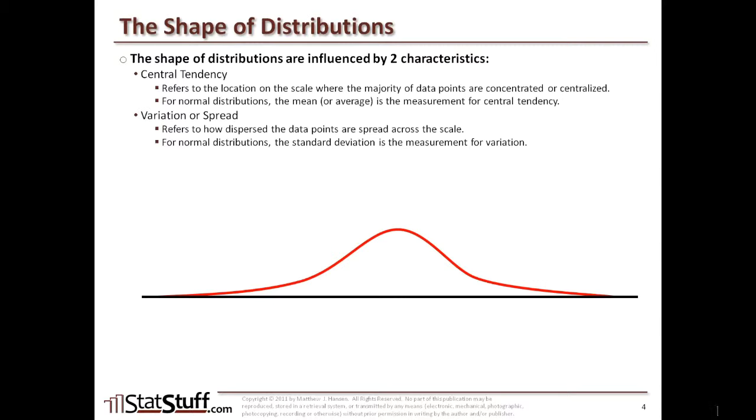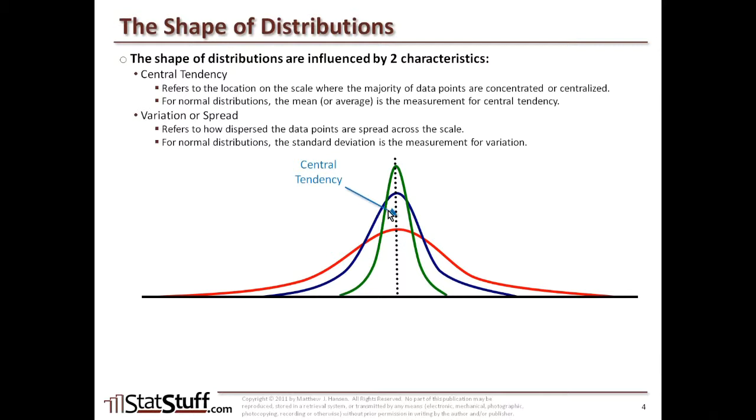So if we have a scale like this with this type of distribution here, we can see that we can have several types of distributions that are spread out on this particular scale. And we might have a mean that's drawn here by the dotted line. Well, this mean, this center point, is the center point as defined not by the scale necessarily, but defined by these three different distributions, where all three of them seem to have the same mean, even though the distributions all look different from each other.